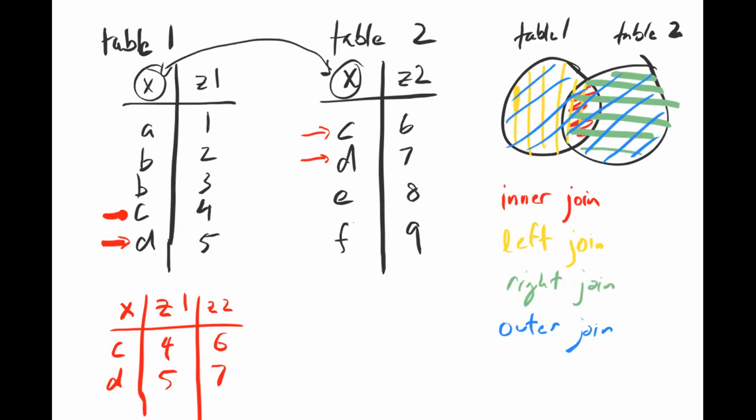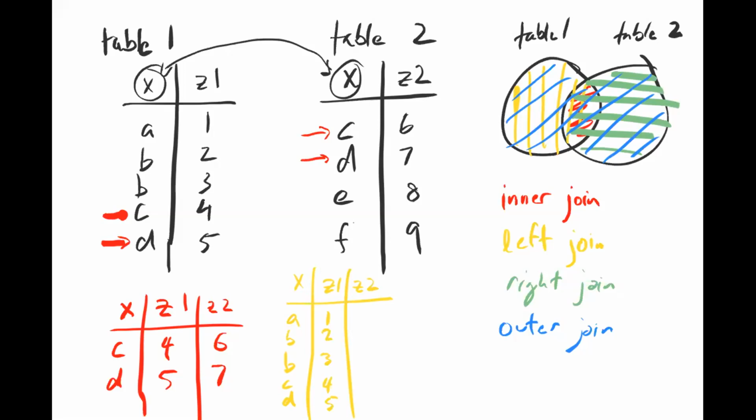Okay, let's do the left join. So the left join here, X, Z1, Z2, and now remember, we include everything in table 1. So A, B, B, C, D. And this will be 1, 2, 3, 4, 5.